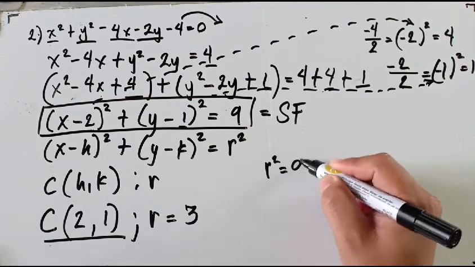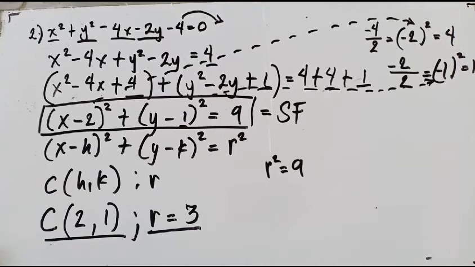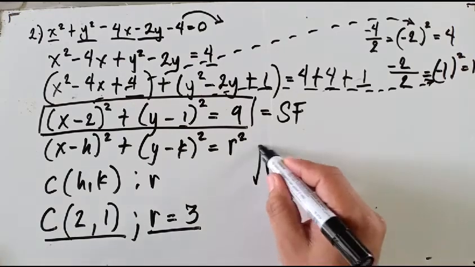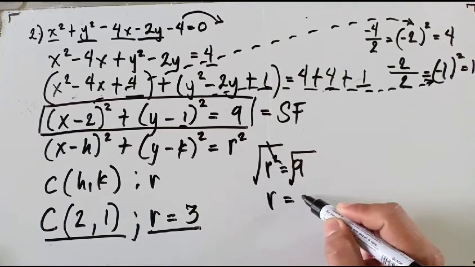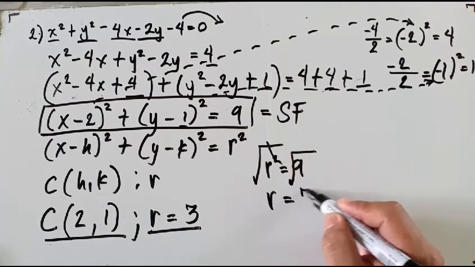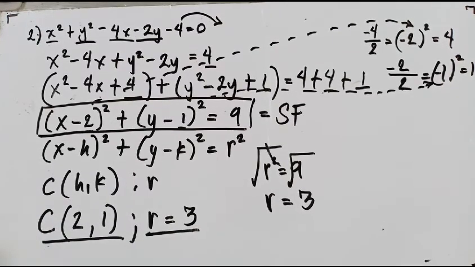R squared is equal to 9. Now, if you want to know about the radius, we need to take the square root of 9. The square is cancelled, so your r becomes the square root of 9, which is equal to 3. So the center of the circle is at (2, 1), with a radius of 3.